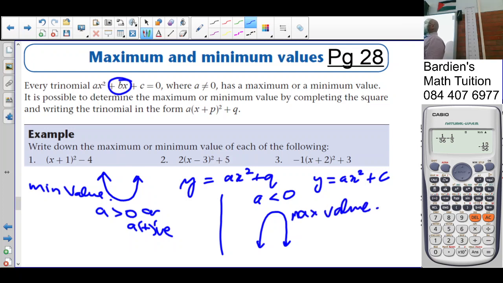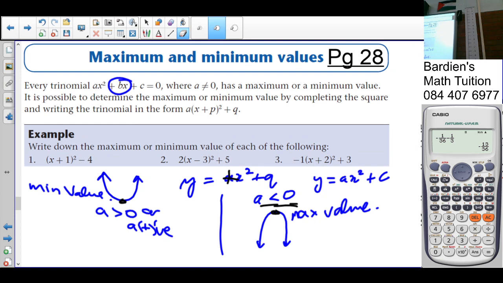So the graph had a minimum value when a was positive, and if a was less than 0, which means a is negative, you would have had a maximum value. Do you all understand? Right, that was the basic revision.